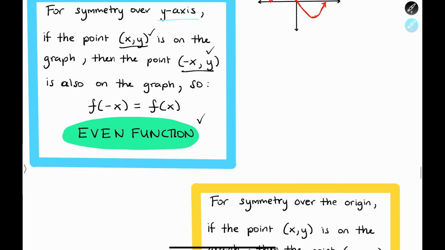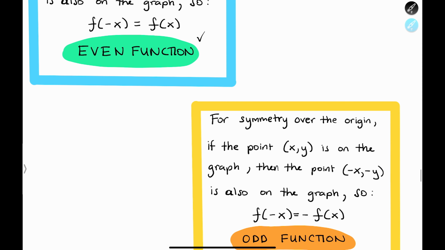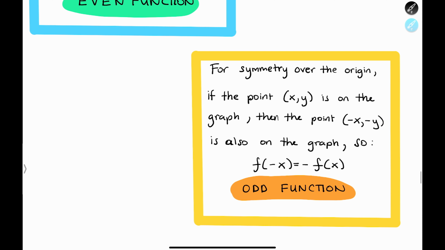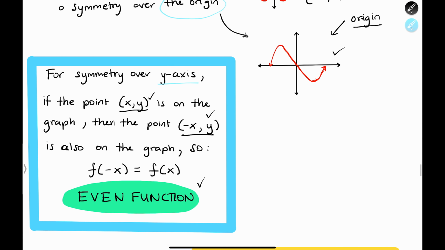And then now we're going to talk about symmetry over the origin. For symmetry over the origin, if the point x comma y is on the graph, then the point negative x comma negative y is also on that graph. So f of negative x is equal to negative f of x. And we call this an odd function. So this is an example of an odd function.